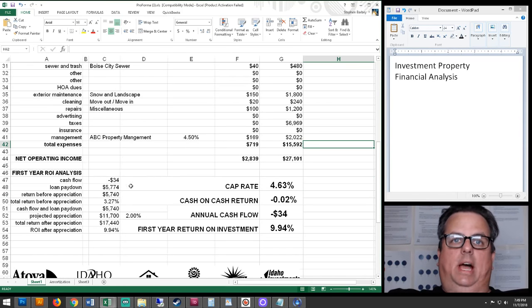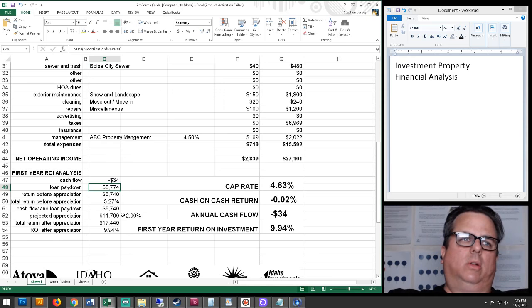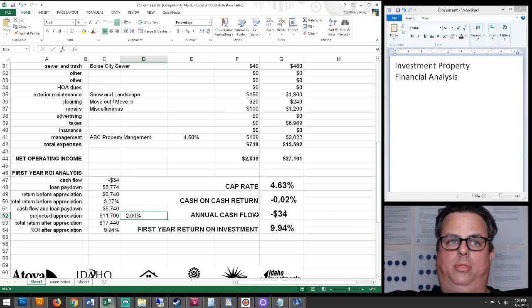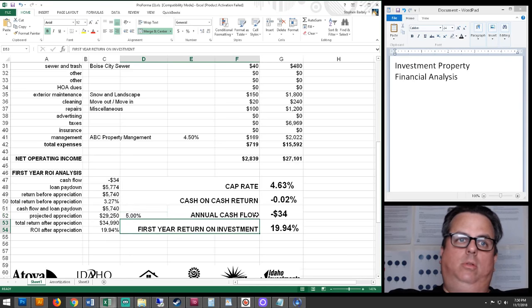We're negative on the cash flow. We are paying our loan down a little bit every year. You do have a rate of appreciation, which is here. I recommend that you put in maybe 3% here, or if you want to talk about our market being a growth market, maybe use a 5% figure.